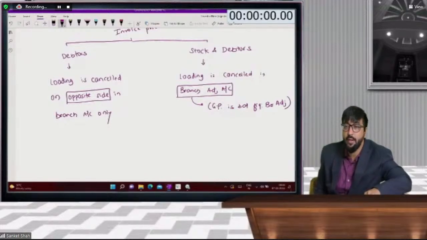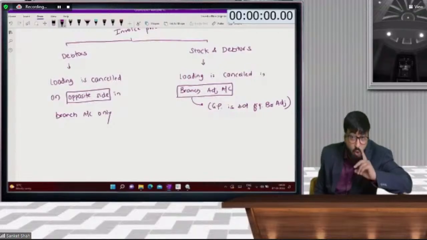In stock and debtors method, you will get GP separately. In debtors method, you won't get GP separately. You will get directly net profit.